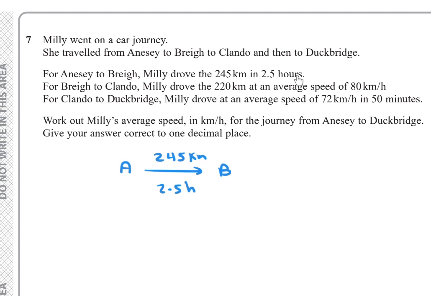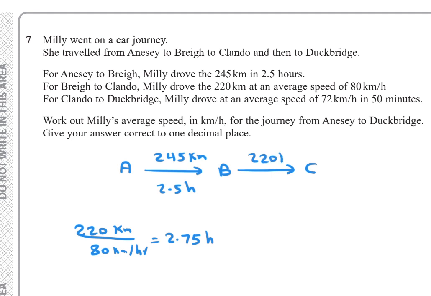So to find the time, divide 220 kilometers by 80 kilometers per hour. The time 2.75 hours. So from Bree to Clando, the distance 220 kilometers and the time 2.75 hours.